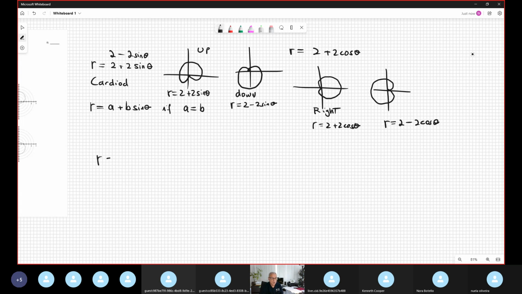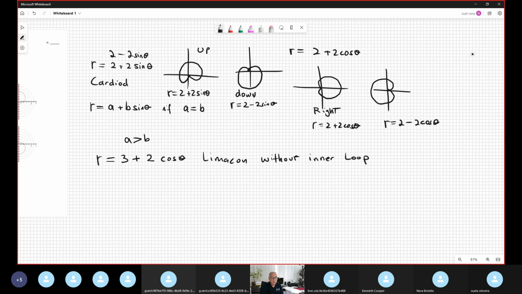Suppose r equals 3 plus 2 cosine. Okay, this number is different, but A is bigger than B. So it's a limaçon without inner loop.